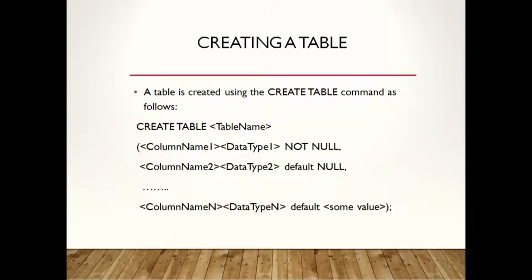So as we have specified column name 1, then its data type, then if you don't want that to be null, so you will specify not null. Then column name 2, data type 2, default null, that means by default it would be null. So similarly, if you want n number of attributes, you have to write all of them, you have to write their data type, and you have to give the constraint which you want to apply, then close the circular bracket and then apply a semicolon.